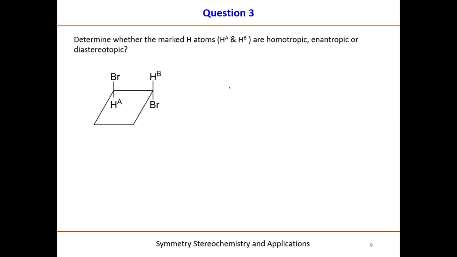Here, determine whether the marked H atoms, which are Ha and Hb, are homotopic, enantiotopic, or diastereotopic. So before doing this question, we should know what homotopic, enantiotopic, and diastereotopic hydrogen atoms are, and the definition behind these terms.